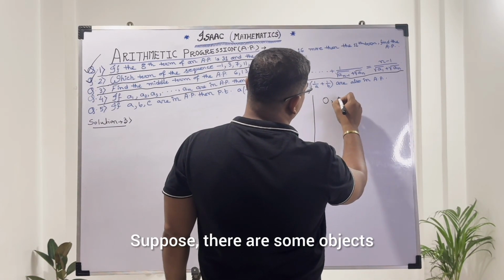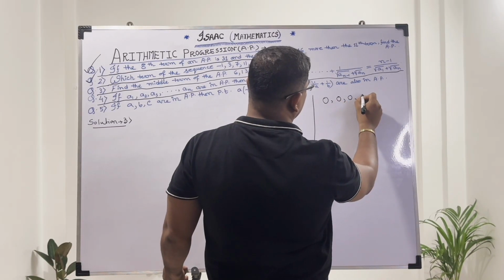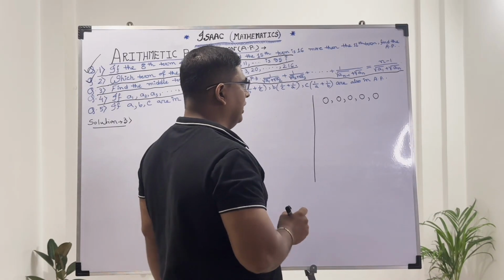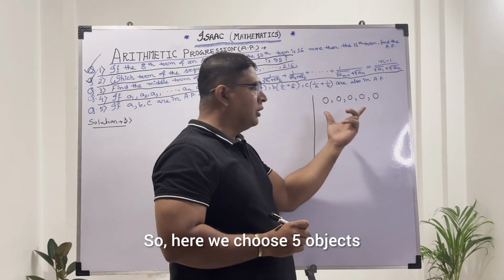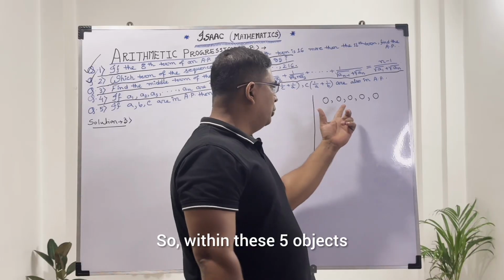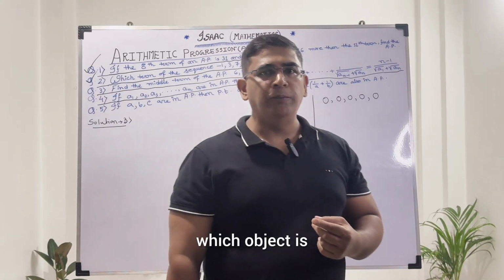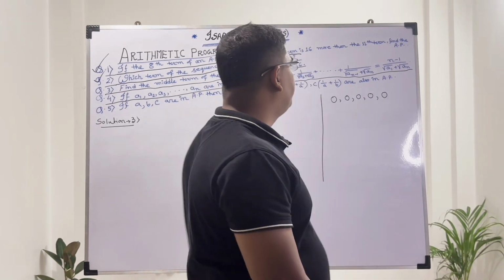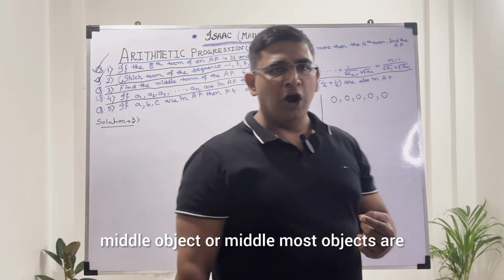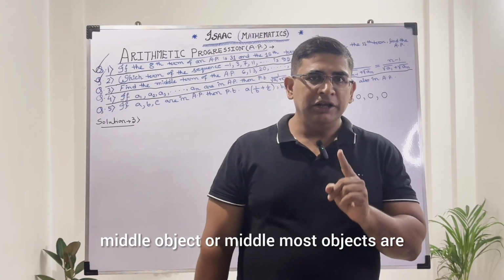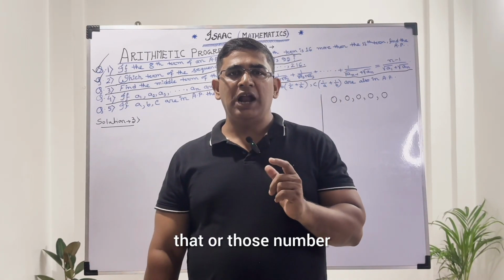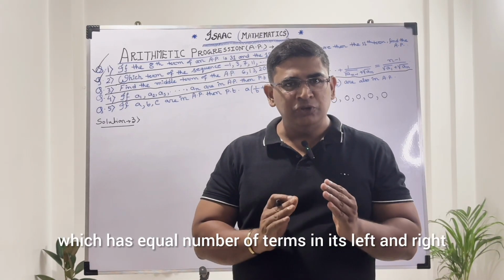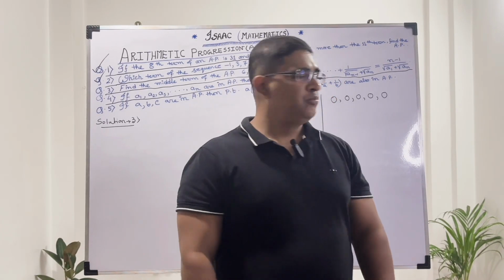Suppose there are some objects, like this. Here we choose 5 objects. Within these 5 objects, which object is the middle object? The middlemost object is the one which has an equal number of terms in its left and right.